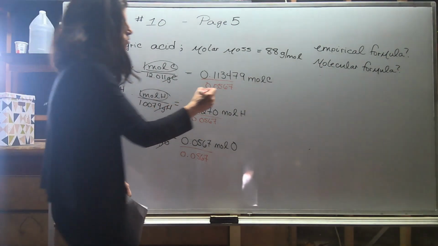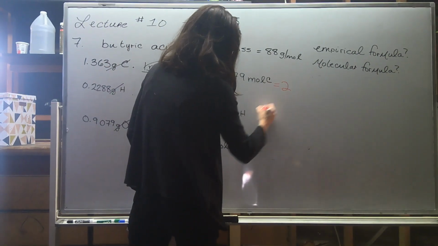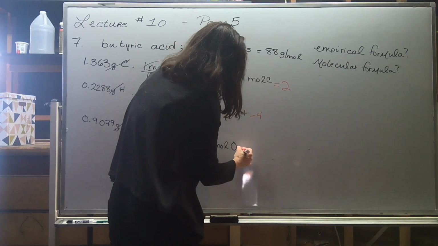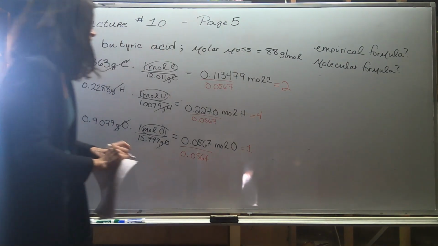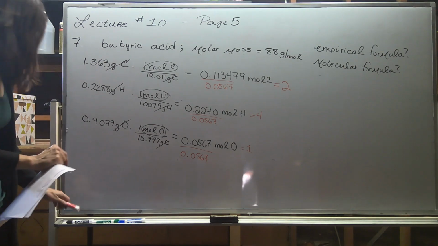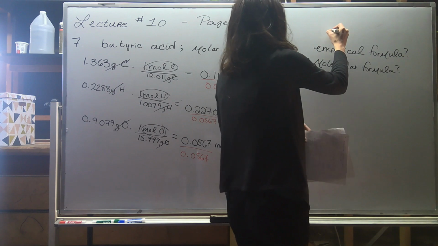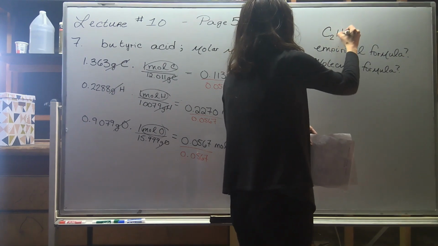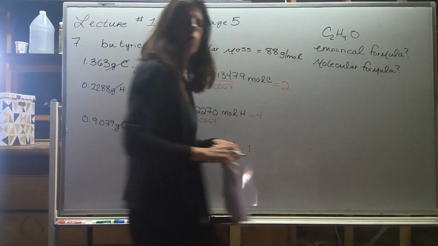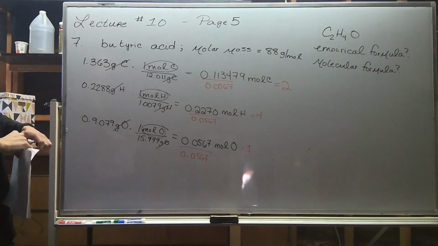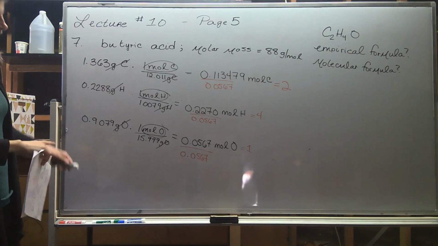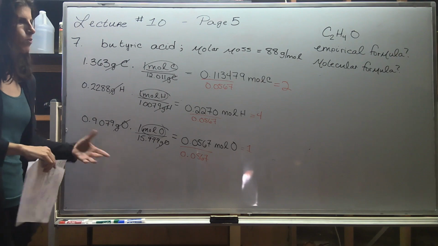Here I get 2, 4, and 1. So I'm going to use this information to write my empirical formula. It's C2H4O1. The 1 is understood. Now I need to take this information and come up with a molecular formula.